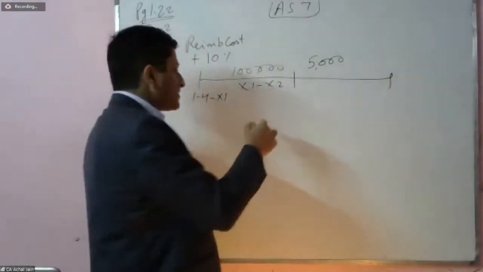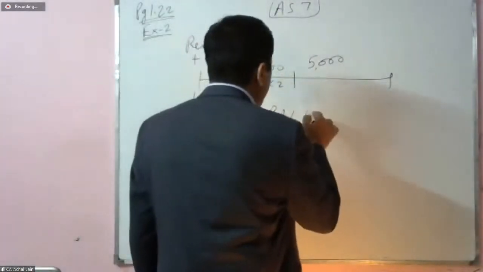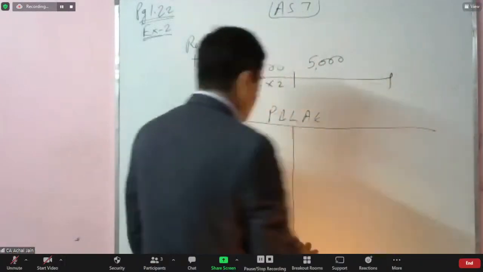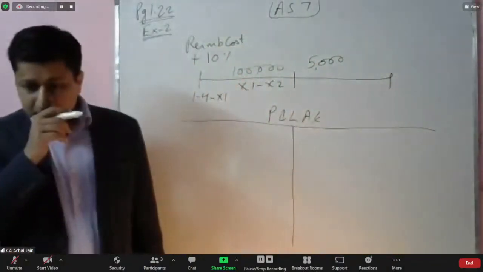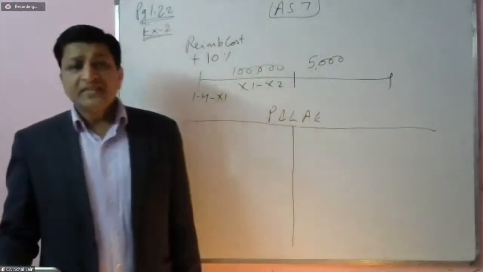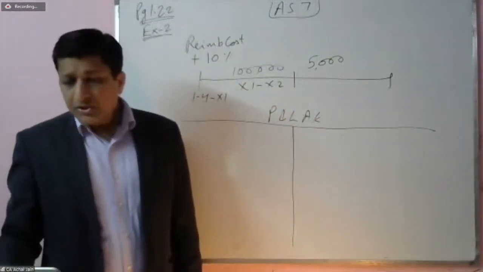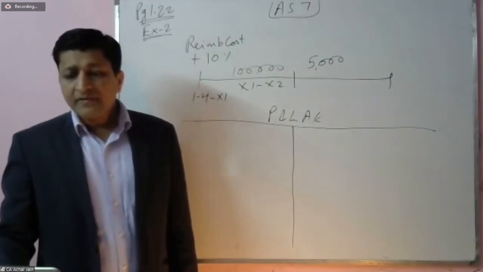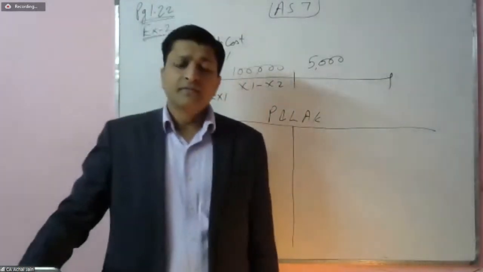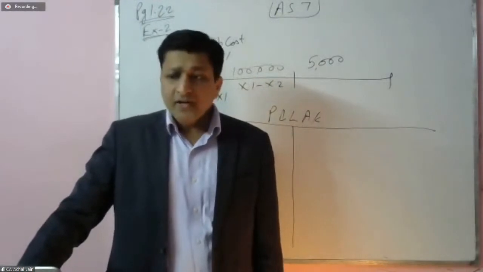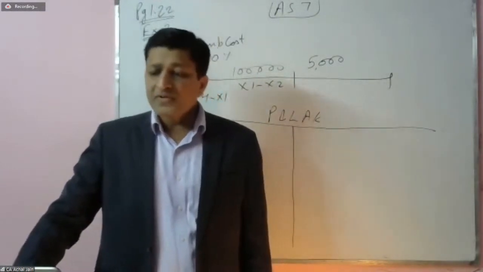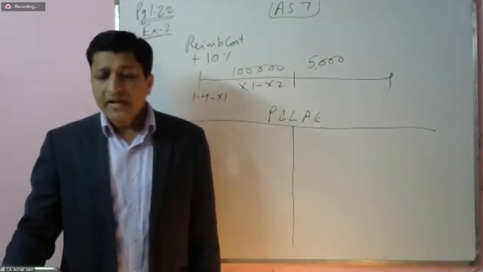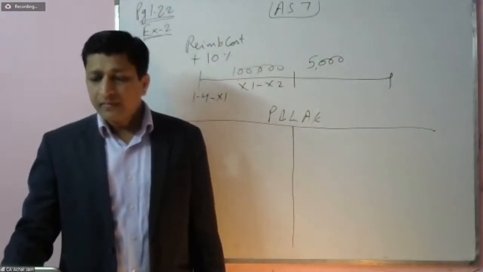Let's see. If we prepare the P&L extract, let's understand how this will get recorded. In this case, the construction contract says that whatever is the cost incurred, on such a cost, 10% markup will be available. Correct? 10% markup will be available.